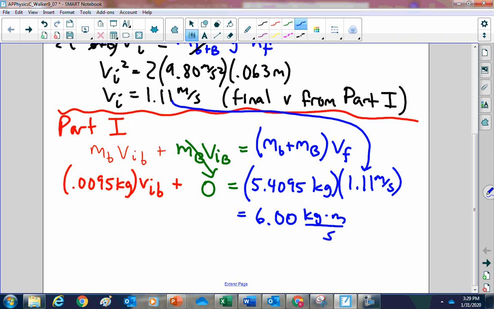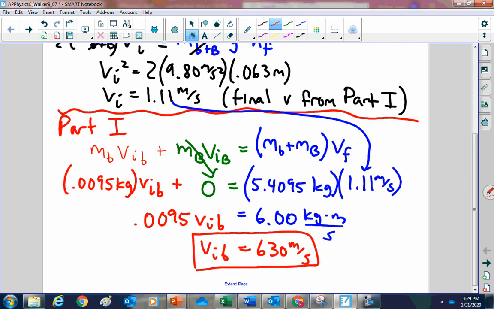Then when I solve for the initial velocity of the bullet, I should get a very large number. So let's go really fast. I get 632, and then I think the book, just for sig figs, rounded that to 630 meters per second.